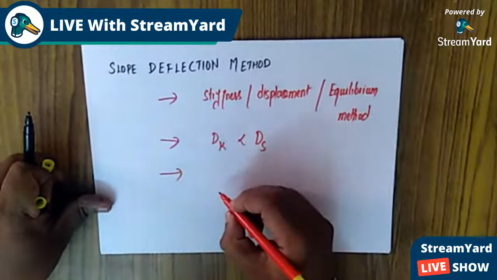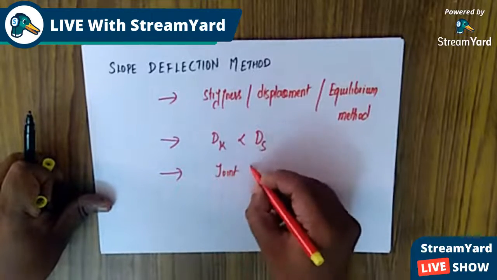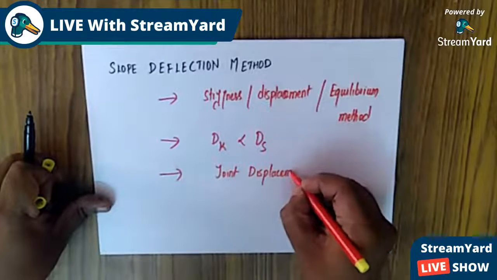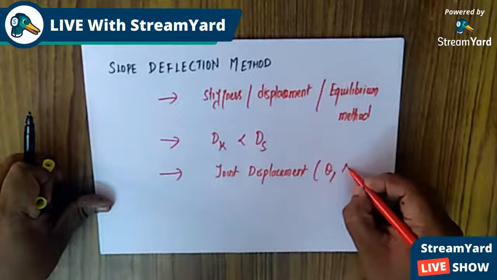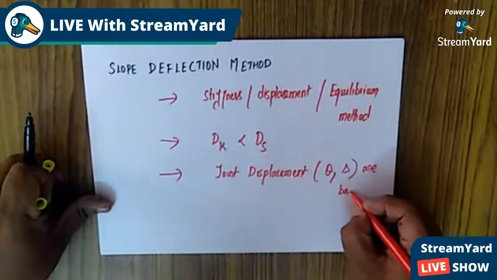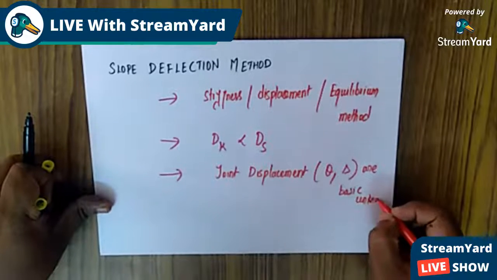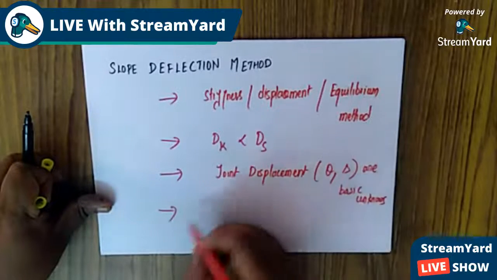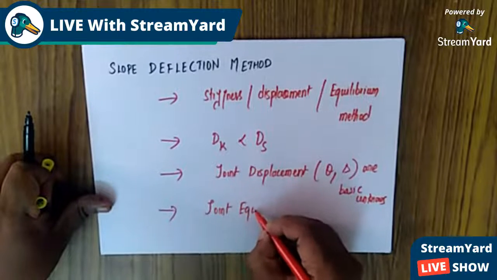Further, in this method, the joint displacements, theta and delta, are taken as basic unknowns. In order to find theta and delta, joint equilibrium equations are written.